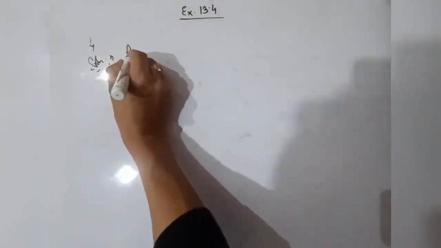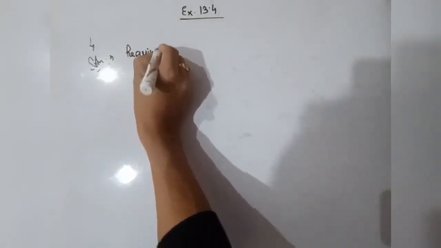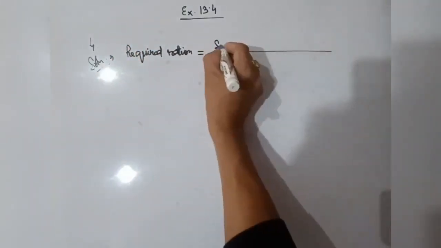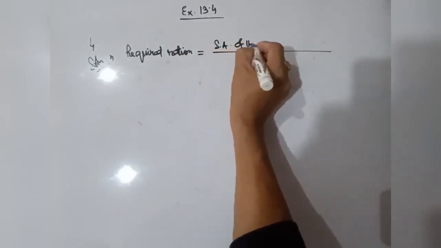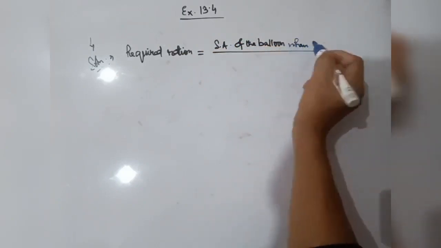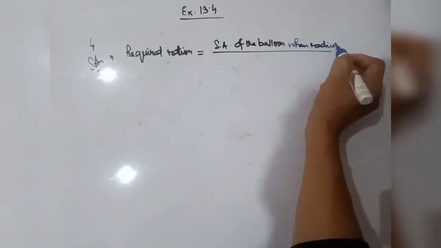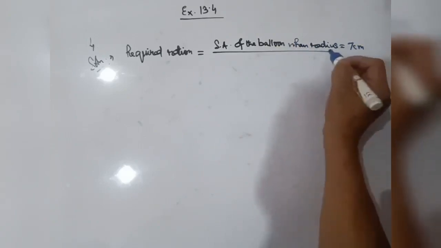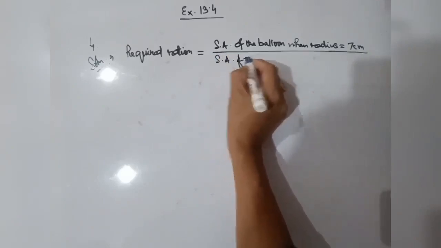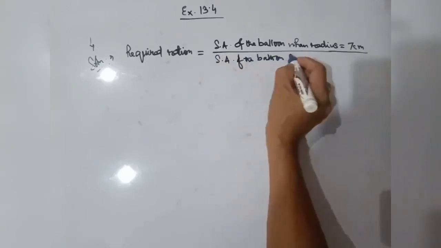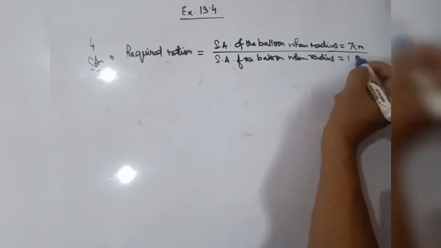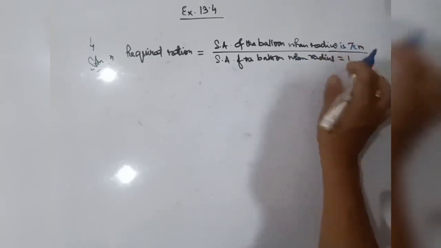The required ratio is equal to the surface area of the balloon when the radius is 7 centimeter by the surface area of the balloon when the radius is 14 centimeter.